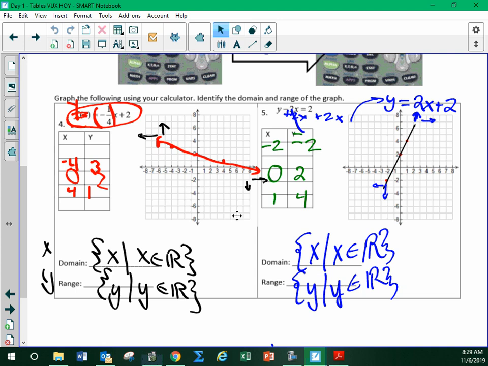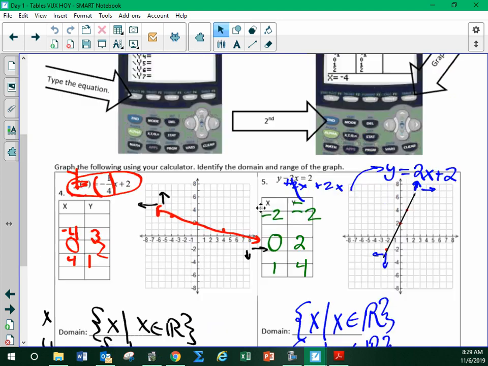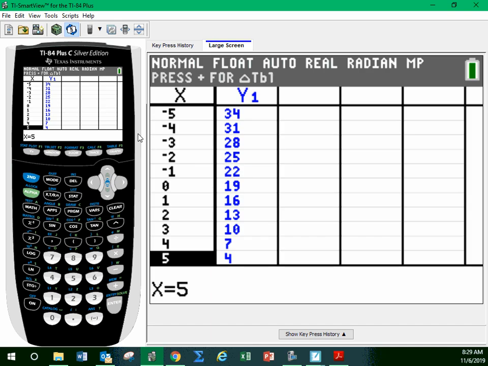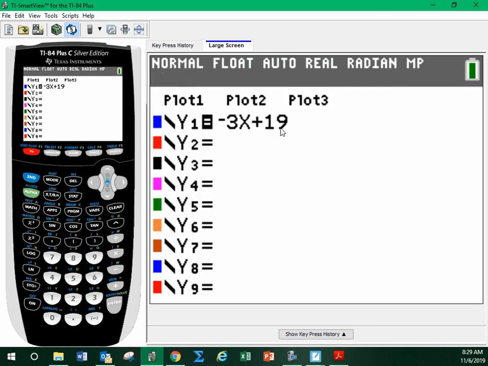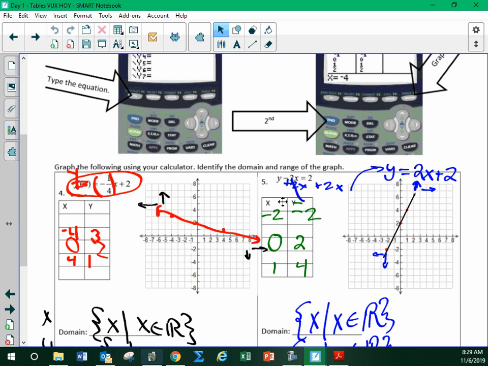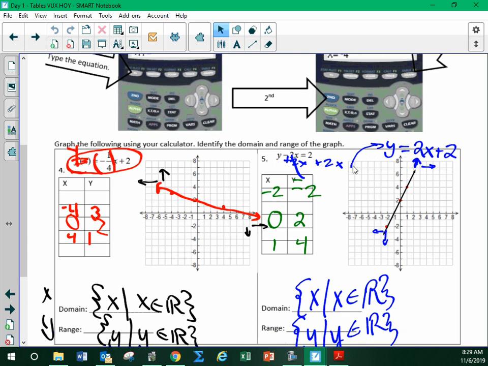Which is table, so you want to hit on your calculator. Above graph, it says table in blue, so you want to hit the blue button and then graph. And it'll give you that table. Now remember, in order to put it in your calculator, we have to have it in y equals. So like this example here, we had to first get it y equals. So sometimes it might be easier just to plug in the points.